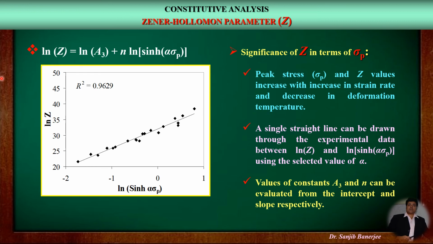A single straight line can be drawn through the experimental data between log of Z and log of sine hyperbolic alpha sigma p using the selected value of alpha. The values of constants, that is A3 and n, may be evaluated from the intercept and slope of the straight line respectively. So, these are the major significances of the Zener-Holomon parameter Z.